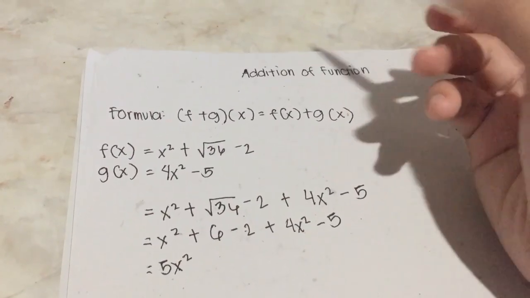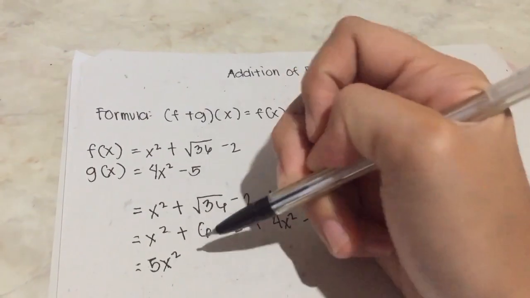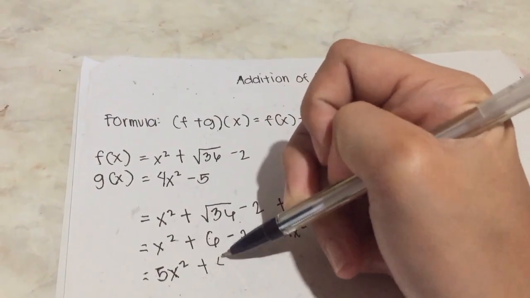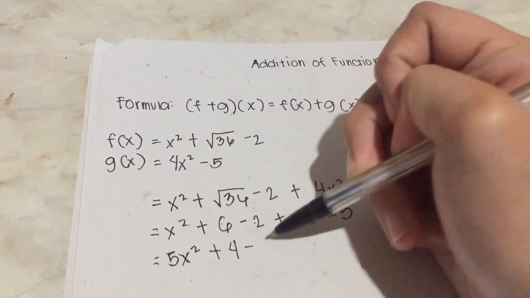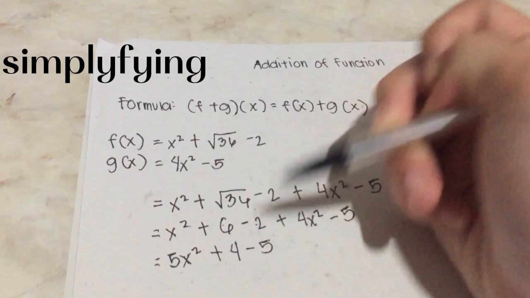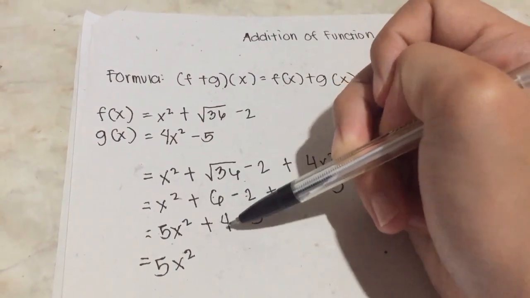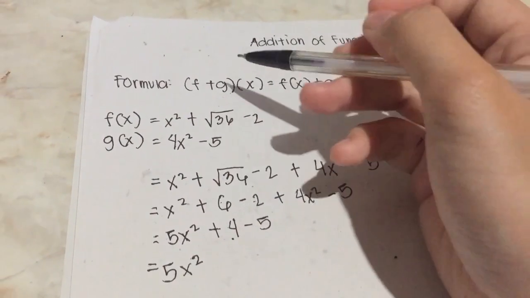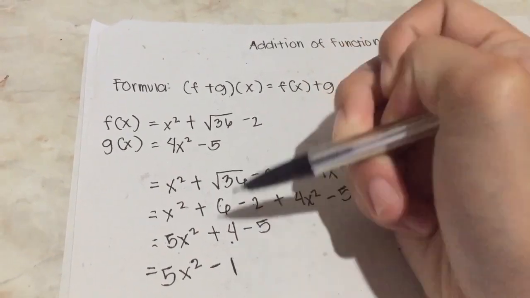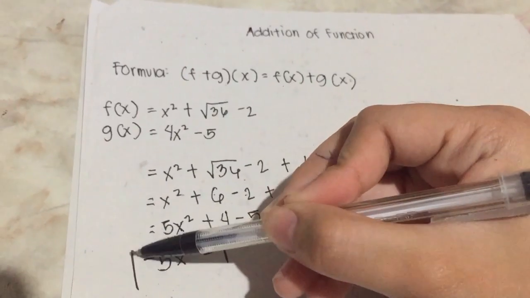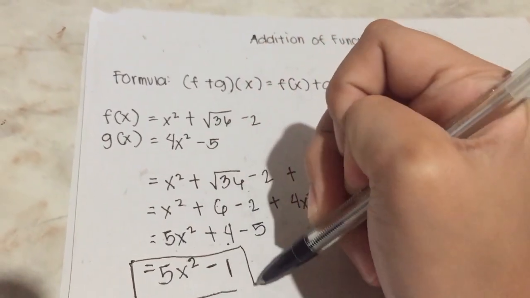And then positive 6 minus 2 is equal to positive 4. Then minus 5. So 5x squared, positive 4 minus 5 is equal to negative 1. And that is how you solve addition of functions.